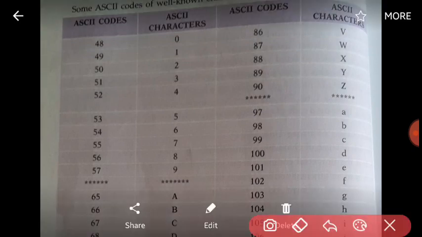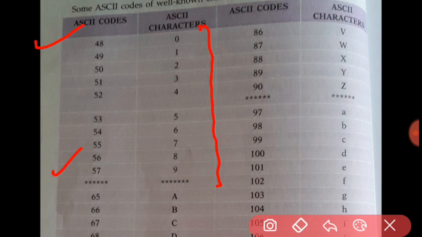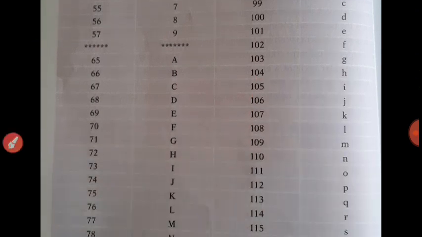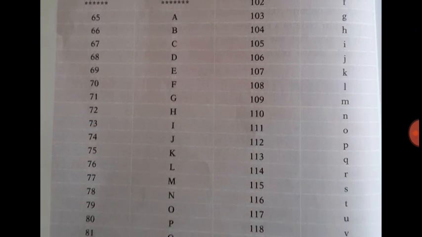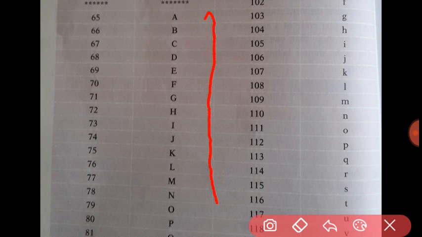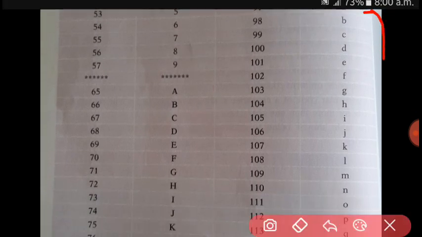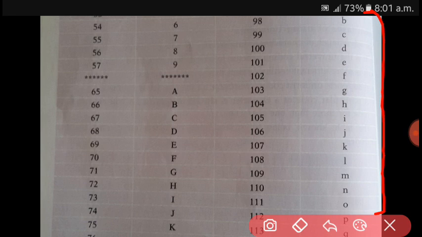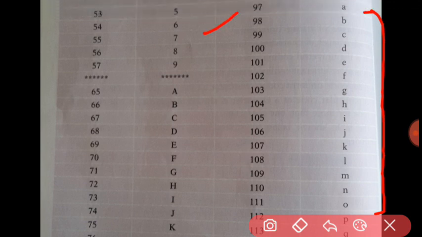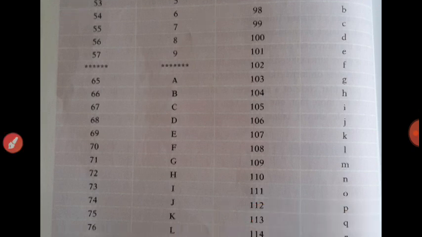Digits 0 to 9 have the values 48 to 57. Uppercase letters A to Z have the values 65 to 90, and lowercase letters a to z have the values 97 to 122, right?